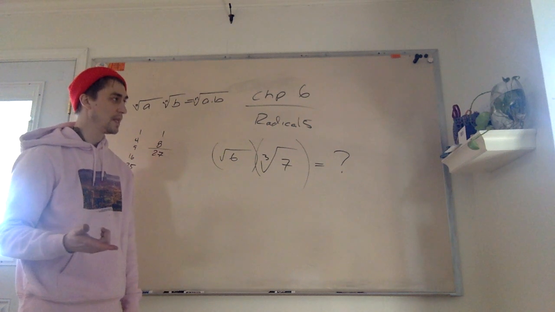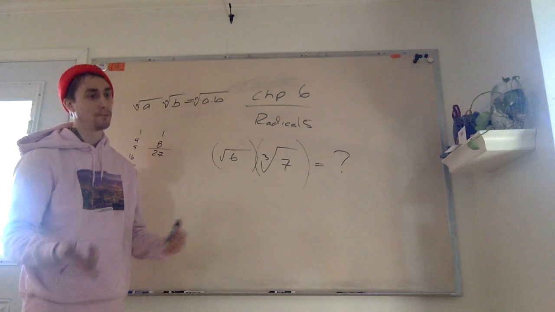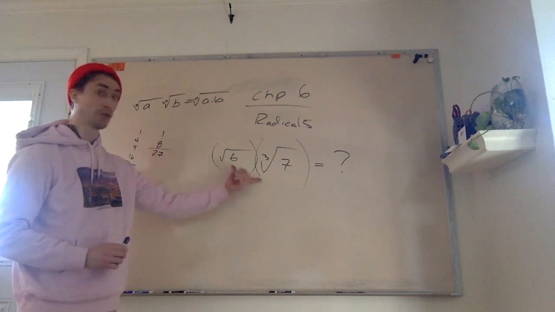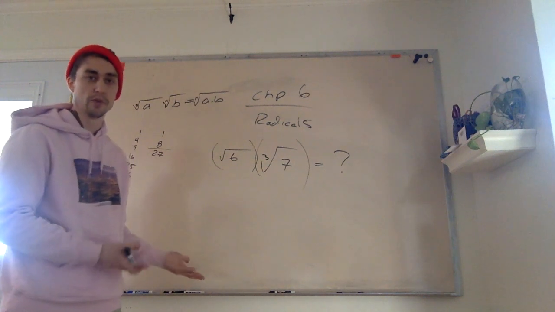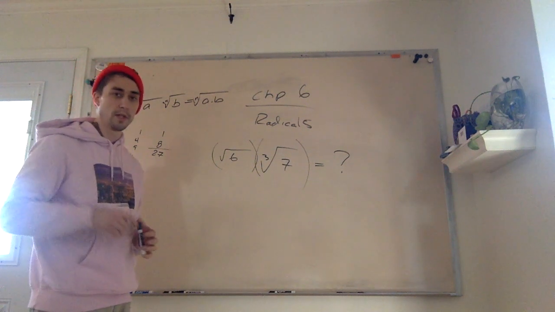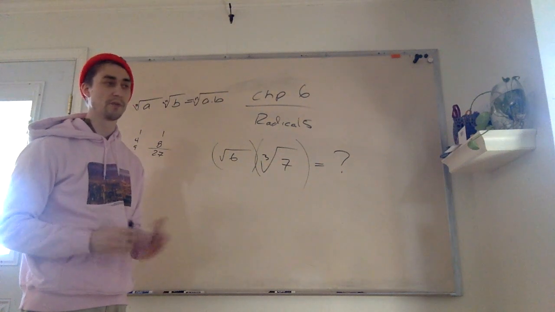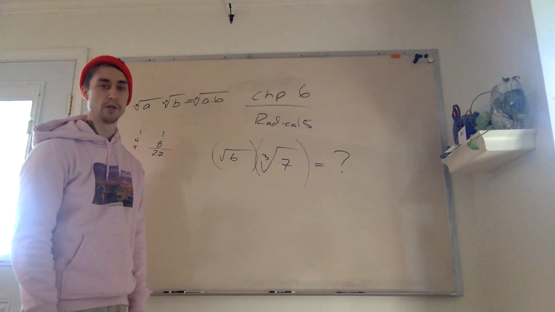Algebra is a means to an end a lot of times. Maybe you would want to combine them because that's going to help you do what you ultimately want to do. But it's up to you to wield your tool belt in any way that you see fit, and that's what algebra is to me. It's just like, hey, here are some things you can do to make it easier or not.